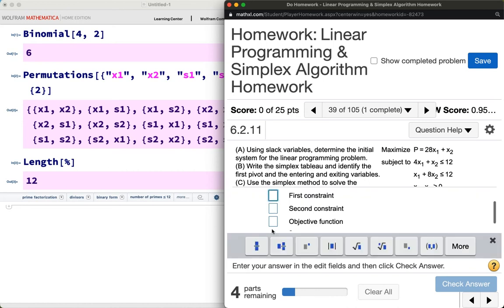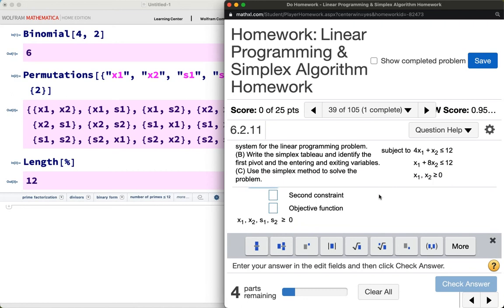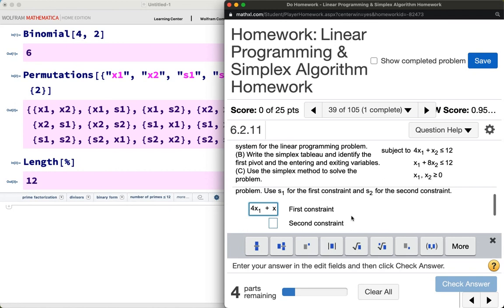Okay, so the first constraint is 4x1 plus, oh, wait one moment. Let me read the rest of this. Okay, they want us to use S1 and S2 for the slack variables.